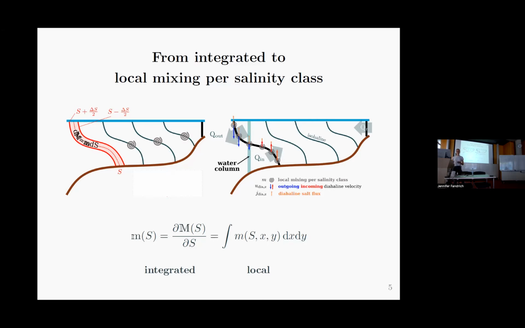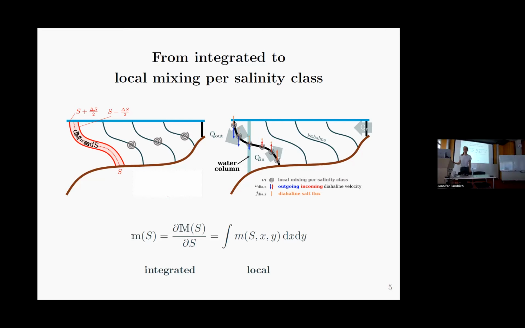Do you have a question, Trideep? Yes, I had two. The first one is, for the diahaline incoming and outgoing velocity, it should be perpendicular to the diahaline surface, or the isohaline surface you're considering, everywhere, right?